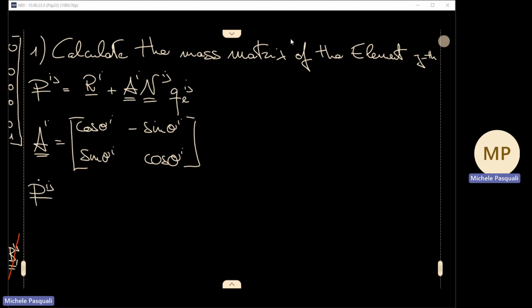And then from here, we move to the definition of the velocity of the point P within the element J. We basically perform a derivative with respect to time, taking into account the position that we just expressed. Sorry, I forgot a point.